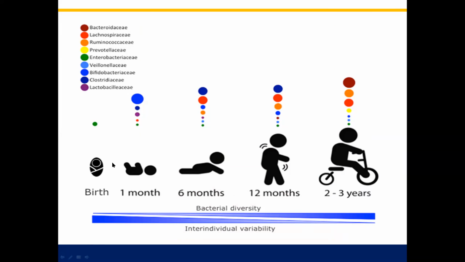The baby is colonized with only the Enterobacteriaceae family, whereas after 1 month you can see an increase in microbial diversity, where a number of bacterial families are seen. As the baby grows, the diversity increases and inter-individual variability decreases, which says that based upon the functions we are going to perform, we need specific kinds of bacteria which can give us energy for further development of the human body.